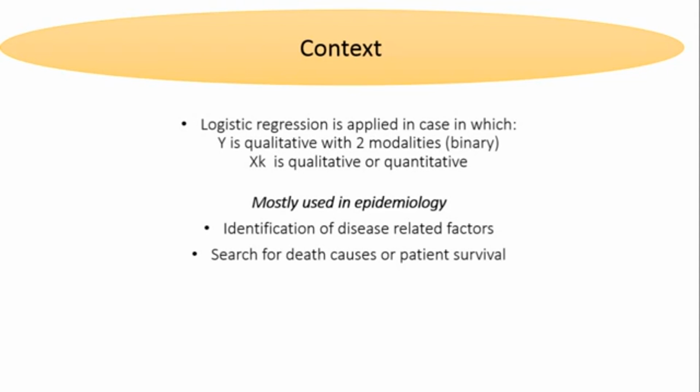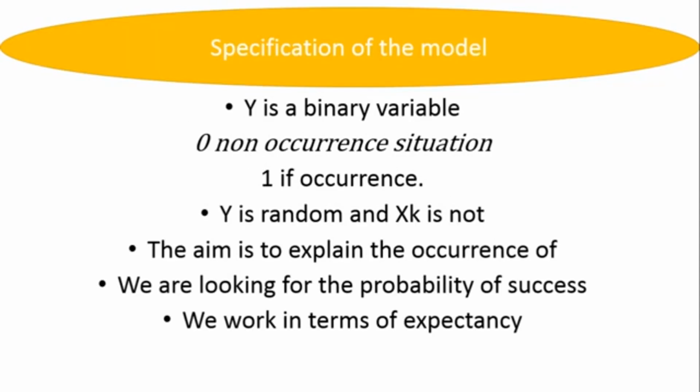You have factors that can be related to the disease. You can make a binary or a simple logistic regression in order to see what influences the occurrence of your disease using factors that are explanatory variables, whether qualitative or quantitative. So what's the specification of the model?